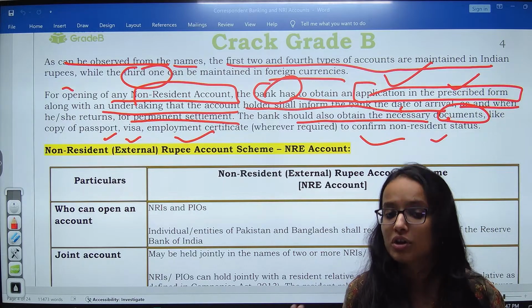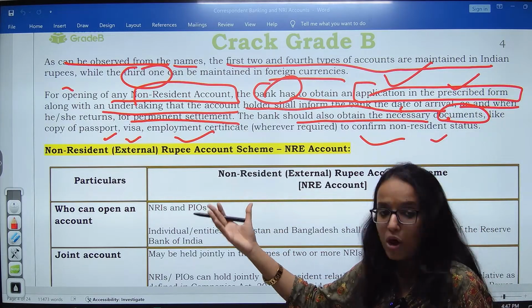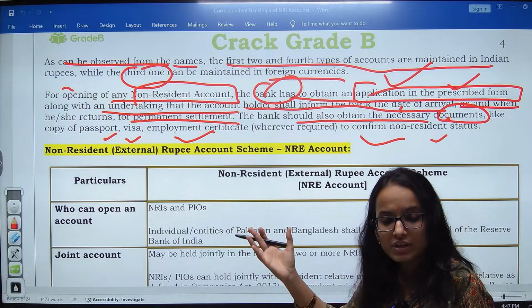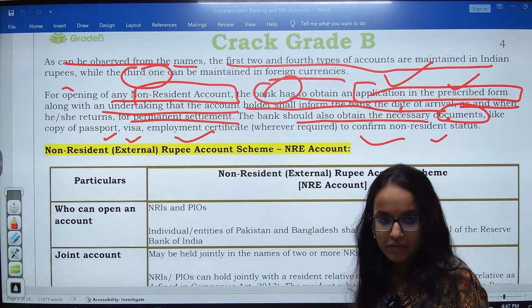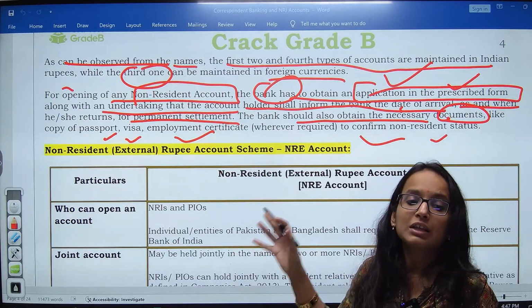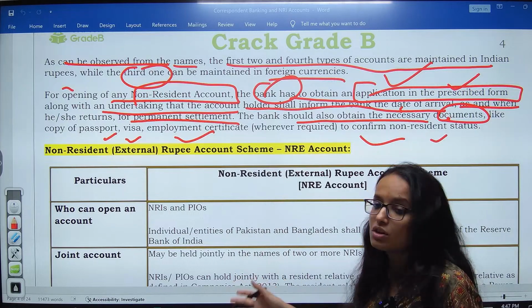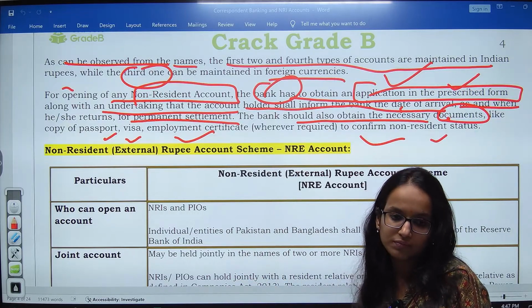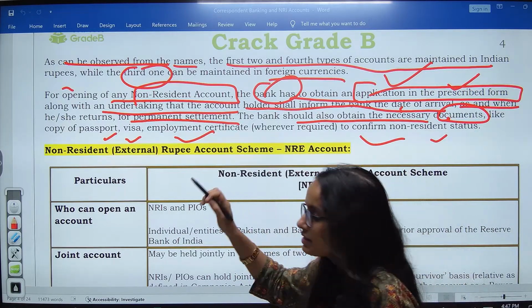You have to give important documents like passport, visa, employment certificate if required. Only then can the bank open these non-resident accounts for you.